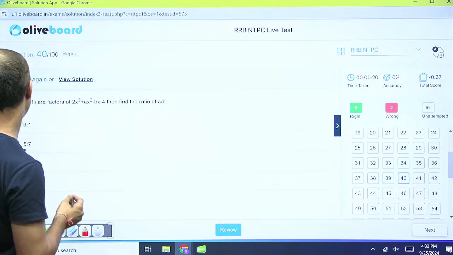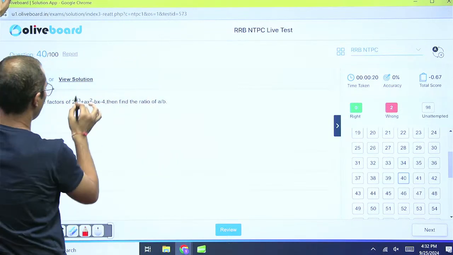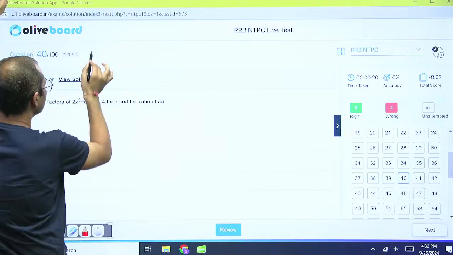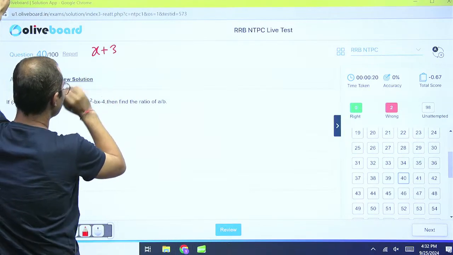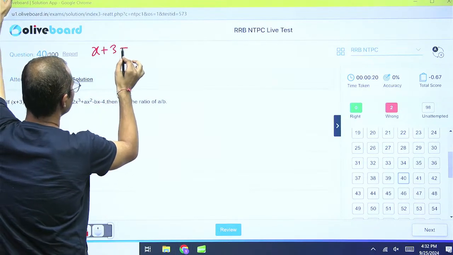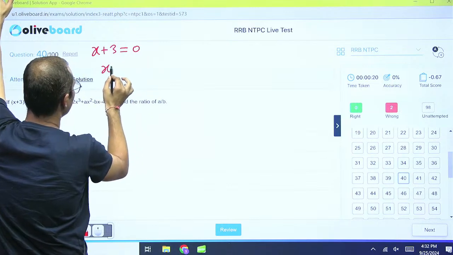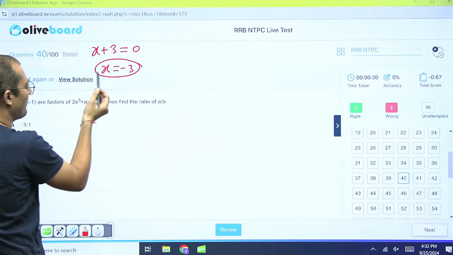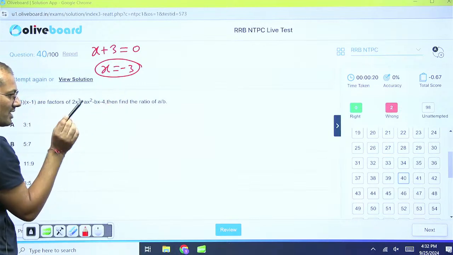Likewise, here the factors of this given expression are x plus 3. So put x plus 3 equal to 0, we will get x is equal to minus 3. If we put the value of x as minus 3, then the remainder must be 0.